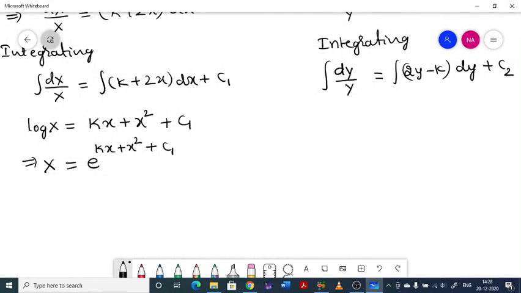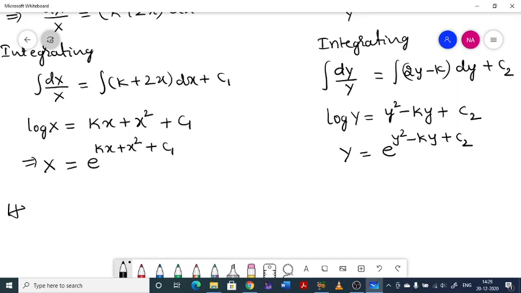Next, integral dY by Y will be log Y equal to 2y, integrating you will get y square minus ky plus c2. So from this, Y equal to e power y square minus ky plus c2.